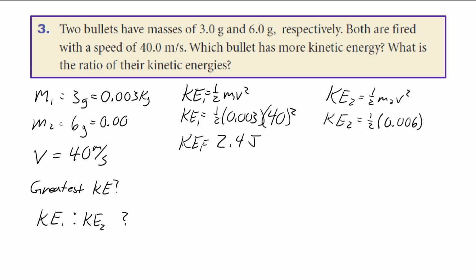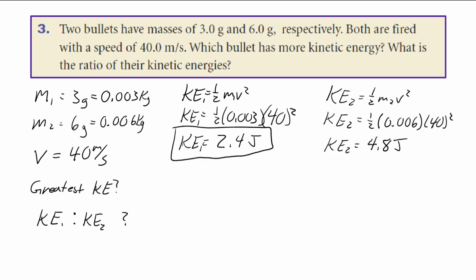You divide by 1,000 to change the grams to kilograms. And we know the velocity is 40 squared. So that gives you a kinetic energy of 4.8 joules. Okay, so we know the kinetic energy of the first bullet and of the second bullet. Hopefully you were able to predict which one has the greatest kinetic energy. It's going to be bullet 2.